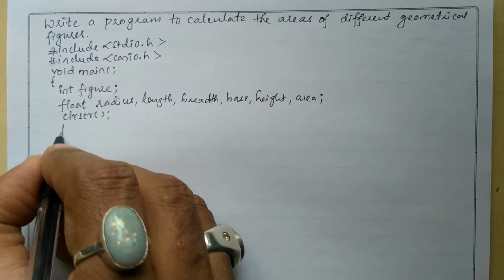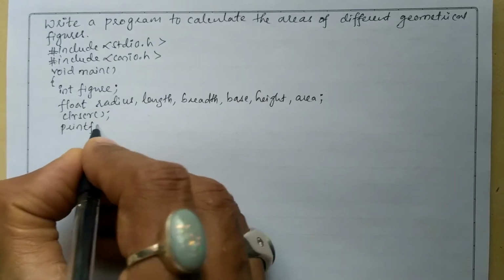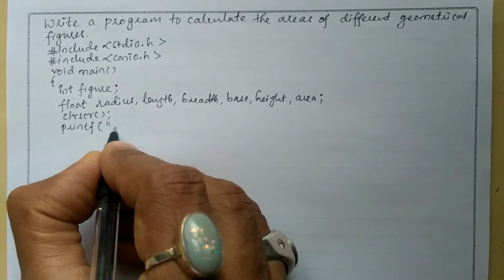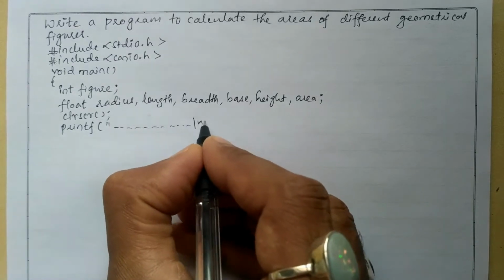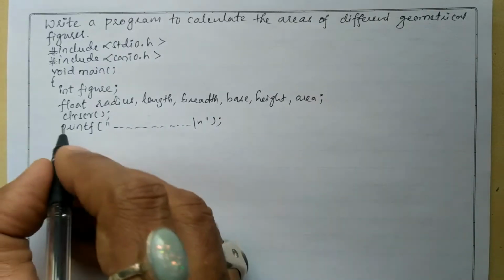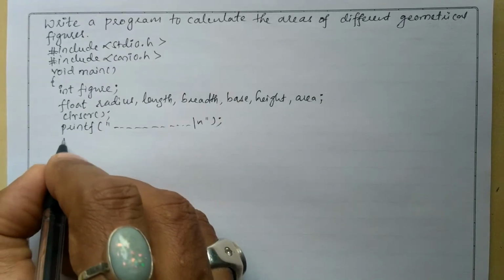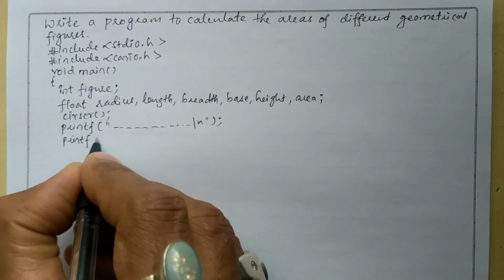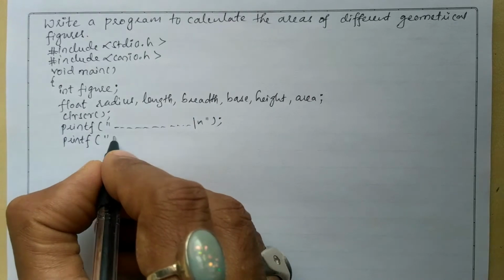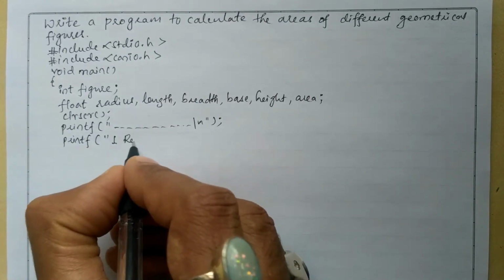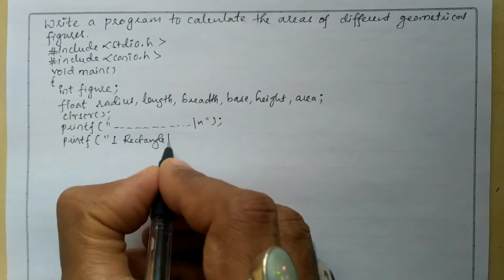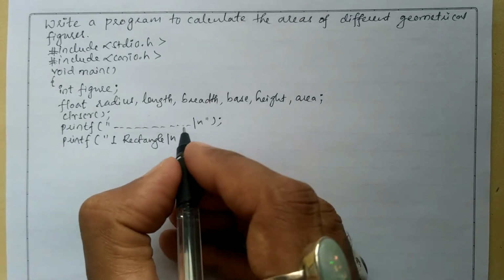Now we will print the horizontal dotted line in a double quotation mark so that I can create a menu. So /n, end the double quotation mark and put semicolon, and here I'm going to write one more statement printf, and in a double quotation mark I'm going to create a menu by giving number 1 rectangle /n, that brings the cursor down to the next line.